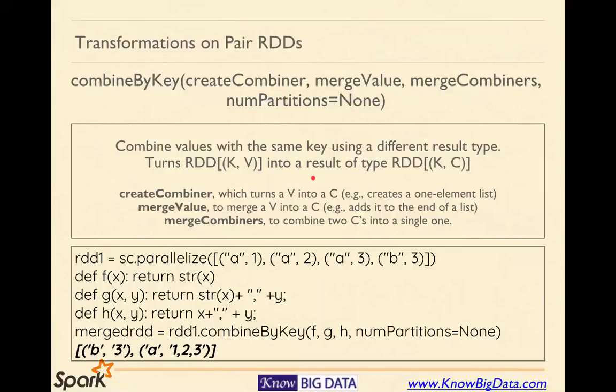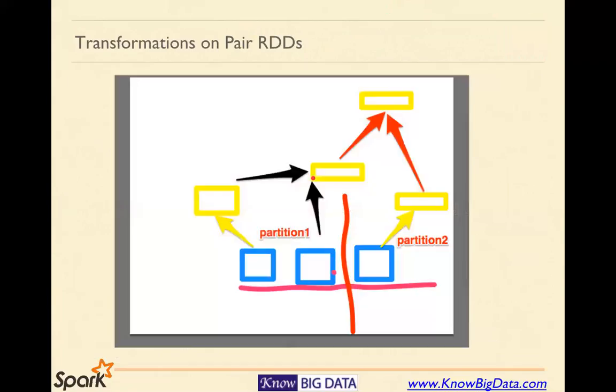Let's say these are the three values in your RDD partition. This is the blue box. We want to convert it into the yellow box. So let's say these are the records we want to combine together to get the yellow box.